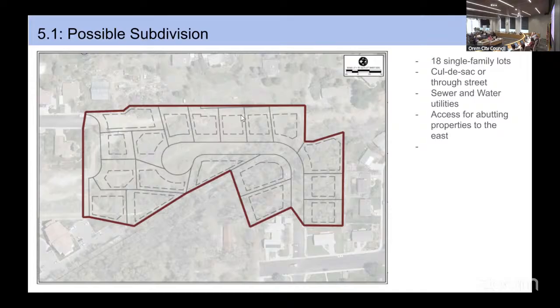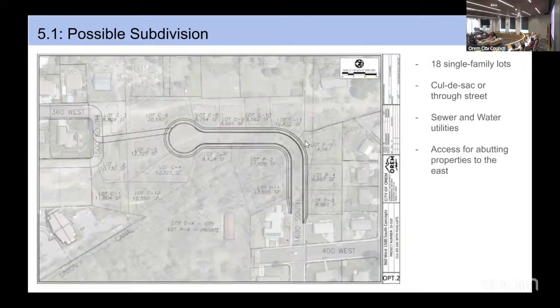The city can provide through larger easements a way for folks that have these eastern properties to access the rears of their properties. And with the sewer connections and things that are potentially available, that would at least preserve the possibility that some of these folks could flag lot subdivide their properties in the future if they so desired. This wouldn't cut them off from that possibility, even though we wouldn't be extending the road further east.